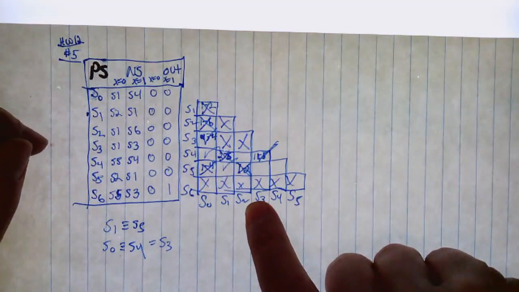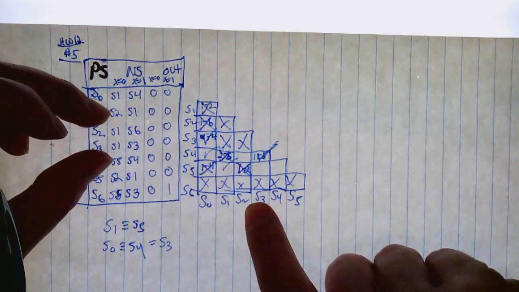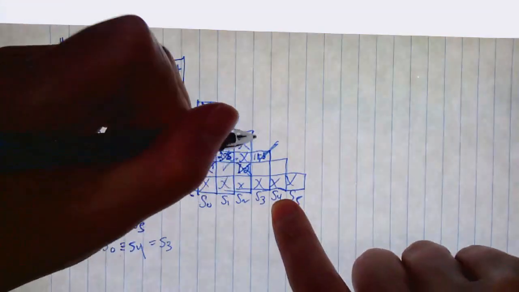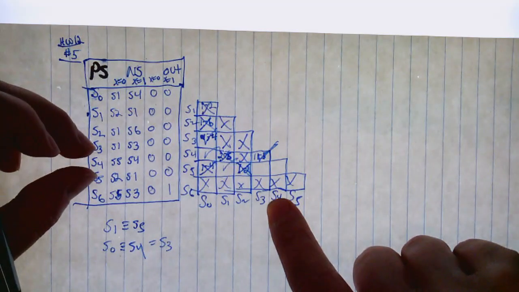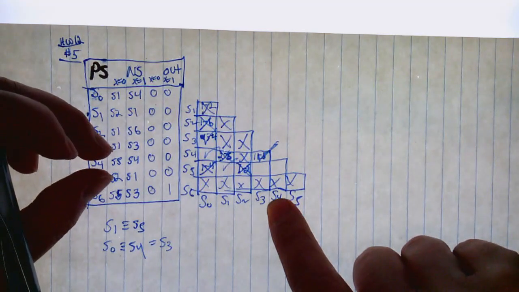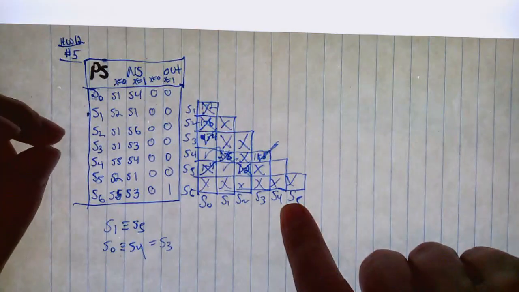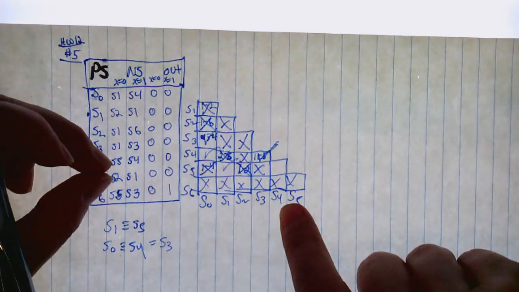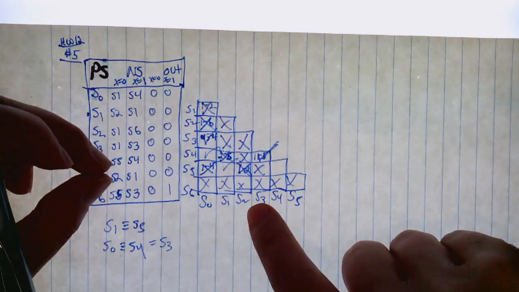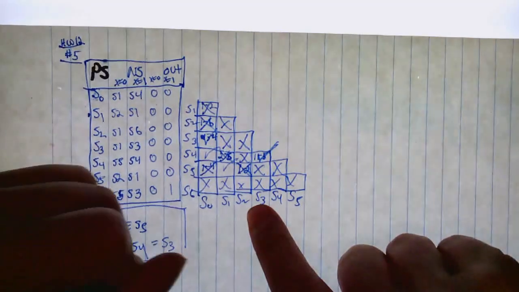And then we have S1 is equal to S4 if S2 is equal to S5, and it isn't. Now we have S3 is equal to S5 if S1 is equal to S2. It's not equal to S2, so that's out. And we have S4 is equal to S5 if S2 is equal to S5, and it's not. So at the end of the day, this is what I have.